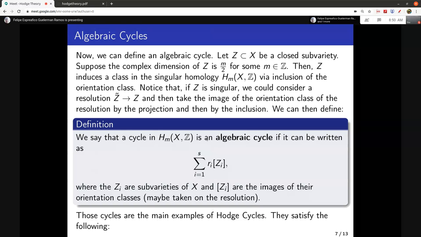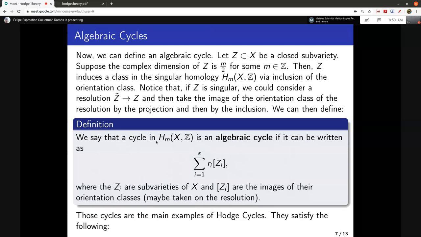So an algebraic cycle is a cycle which can be written as a combination of these classes [Z_i] for some subvarieties of X, right? And these cycles are examples of Hodge cycles, or the main examples of Hodge cycles, which we are going to define in the next two slides.